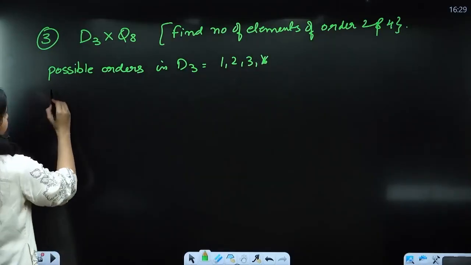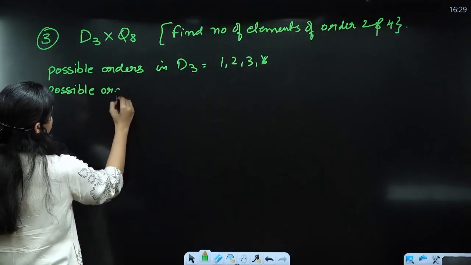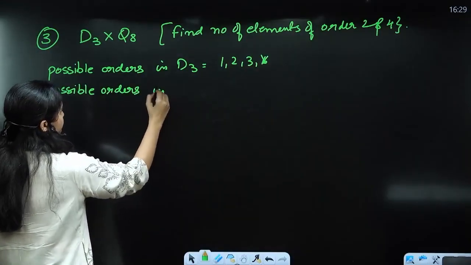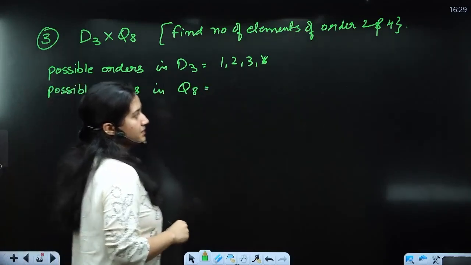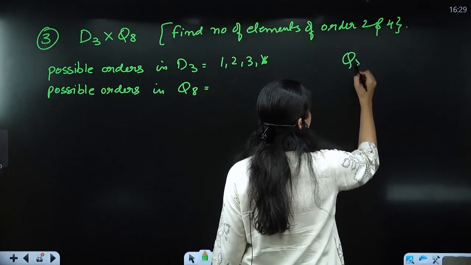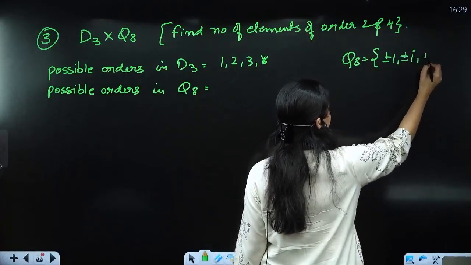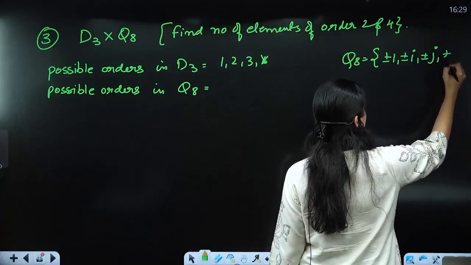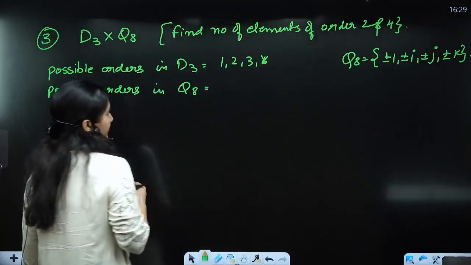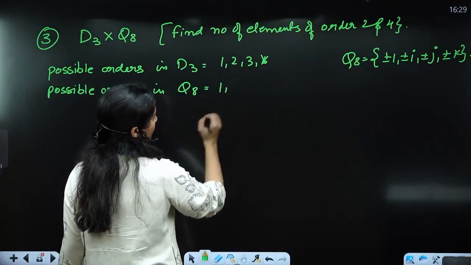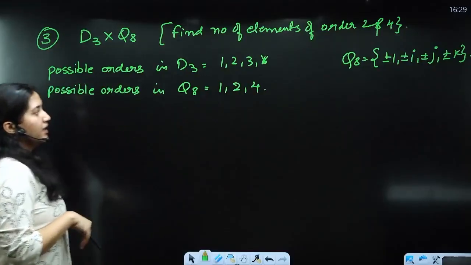Then for Q8, do we remember the group Q8? It is plus minus 1, plus minus i, plus minus j, plus minus k. And it has elements of order 1, 2 and 4, right?